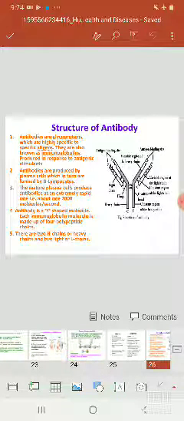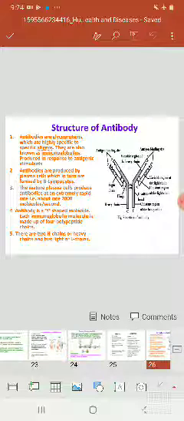Now, let's start with the structure of antibody. This diagram shows the structure of an antibody and the parts present on it. These antibodies are glycoproteins which are highly specific to specific antigens.